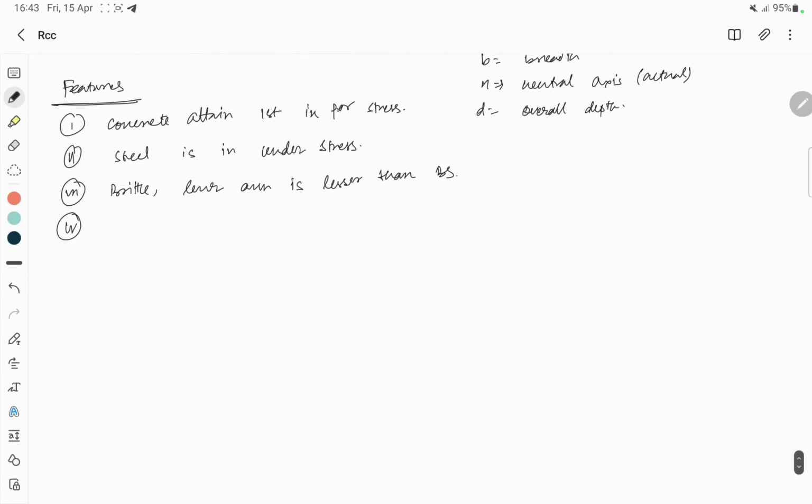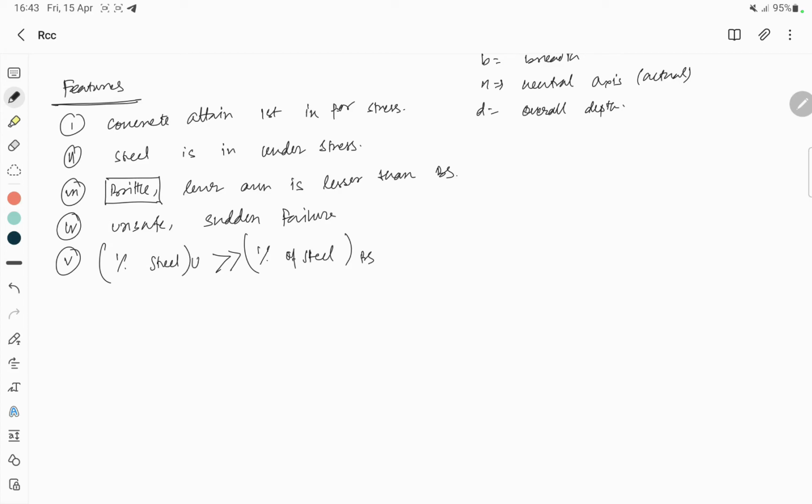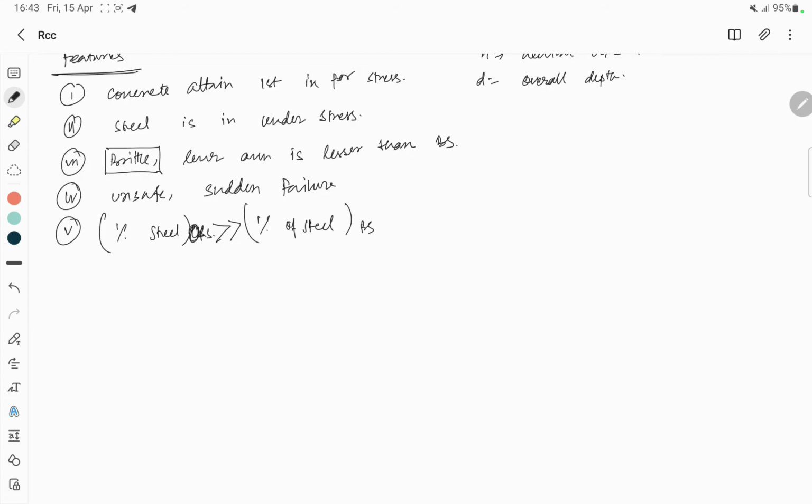Number four, as it is a brittle failure, the failure will be brittle, so it is unsafe. You can say sudden failure. Number 5, the percentage of steel is much higher than the percentage of steel in balanced section.